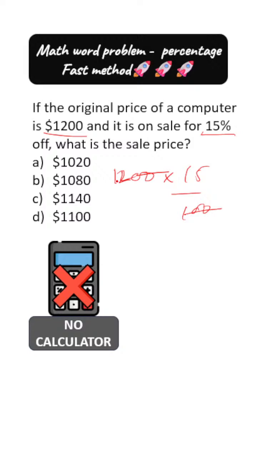So 12 is the same as 4 times 3. So 15 times 4 is 60 times 3. That's 180. If you say 1,200 minus 180, that gives you 1,020. So A will be our correct answer.